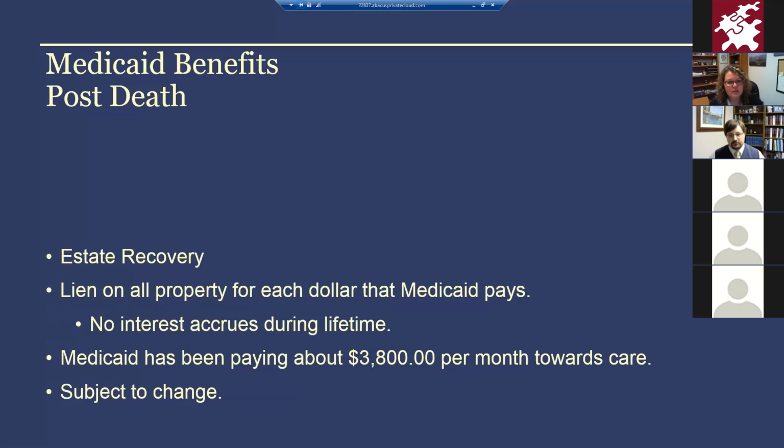There are 3 managed care organizations, Sunflower, Aetna, and United Healthcare, that actually pay out those benefits. The state of Kansas is paying a premium, like an insurance premium, to these managed care organizations that are paying for your care. So Medicaid has been paying about $3,800 a month towards care, and that's the amount that state recovery is going to try to recoup if there's property remaining.